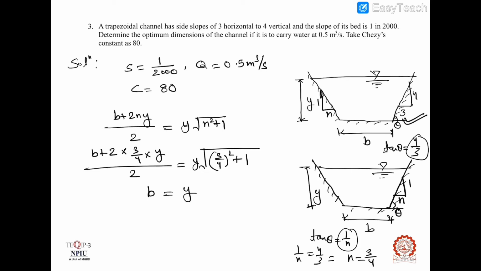Now, what is the expression of area of flow for trapezoidal channel?